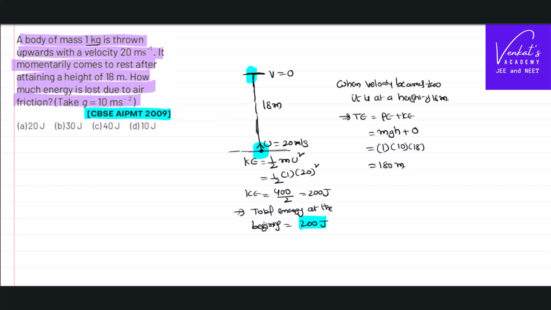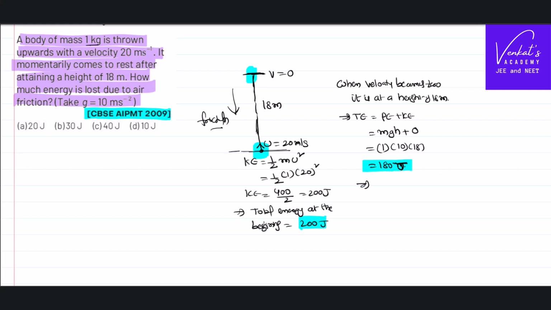But by the time it came here, it has only 180 joules of energy. Means what? That remaining 20 joules of energy must have been lost in overcoming the friction, because there is a friction that is opposing the relative motion, air friction.